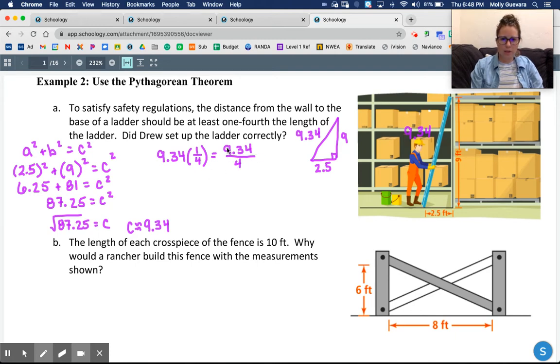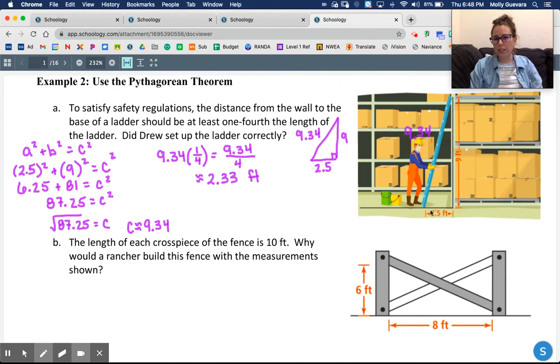So I'm going to divide 9.34 by 4, and I get approximately 2.33 feet. So 2.33 feet is the minimum distance that this ladder can be from the wall. If it's any closer than 2.33 feet, it's unsafe because the ladder's too vertical.